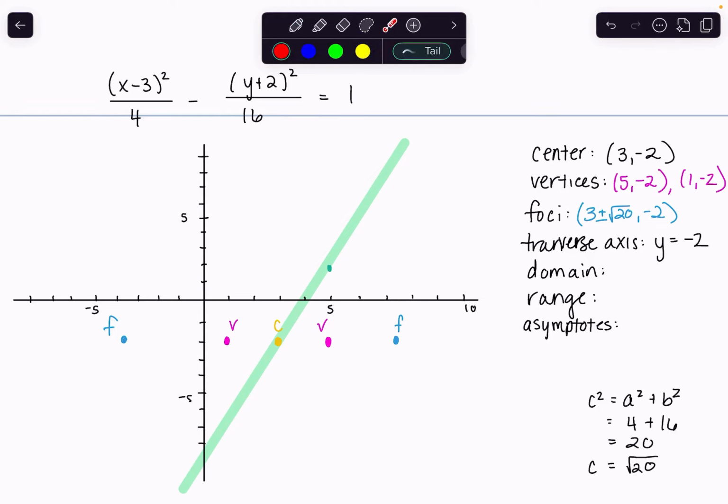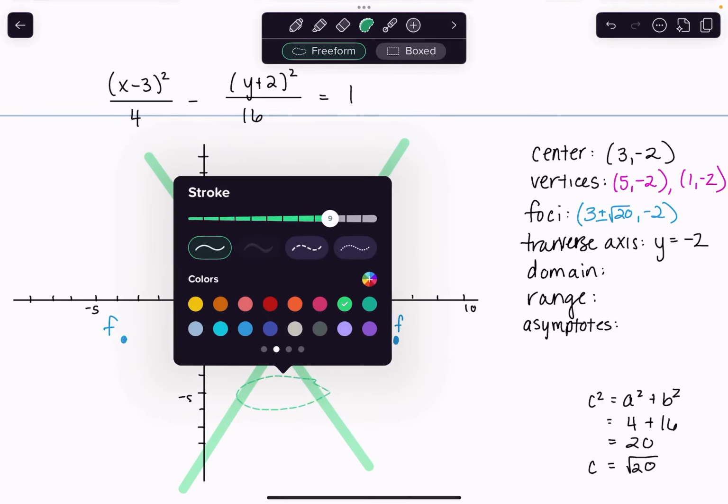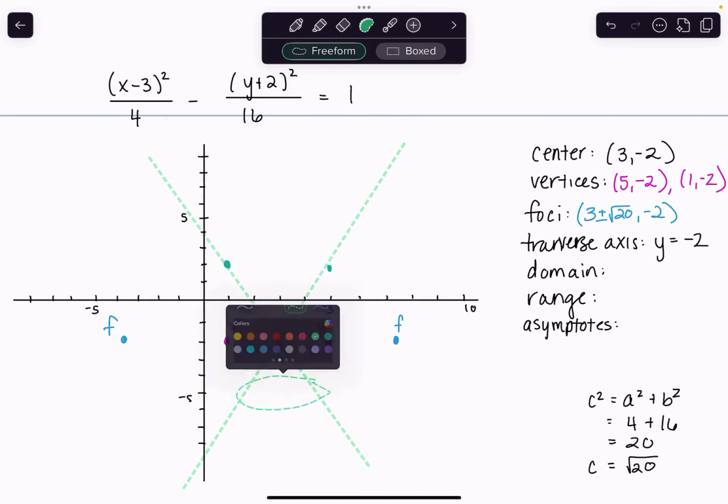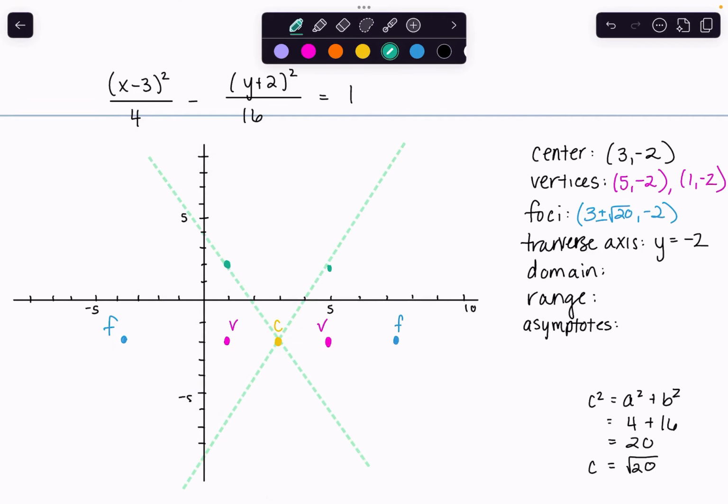Then the other one just has a negative slope, so you can go down and to the right, or you can go up and then backwards to get another point here through 1, 2. And then we go ahead and draw that line. Now I want to go ahead and make these dotted or dashed. Those are the equations. And then to get our graph, we are going to wrap around our foci and hug those asymptotes.